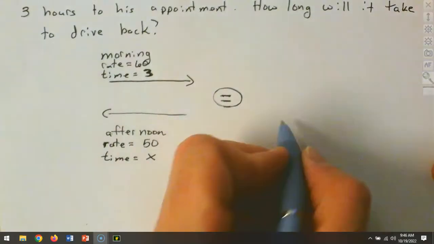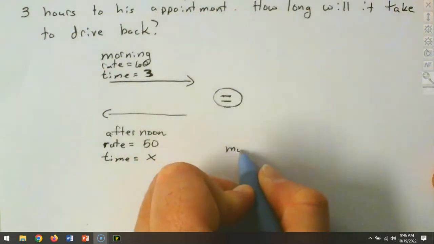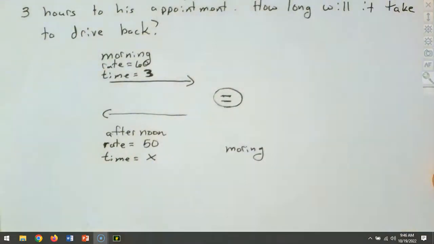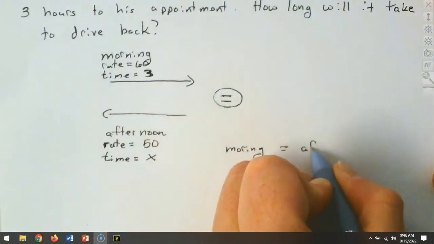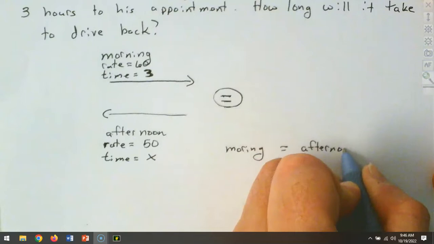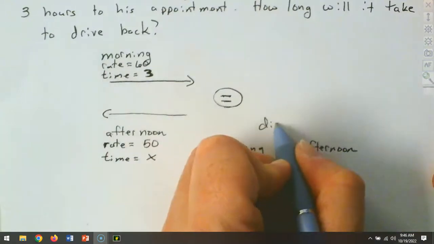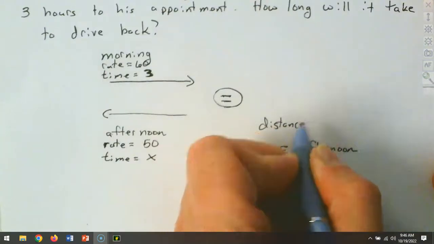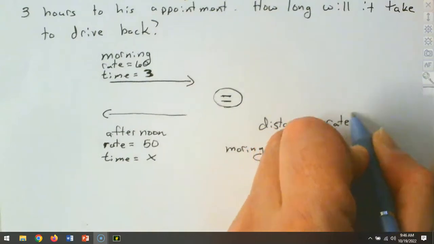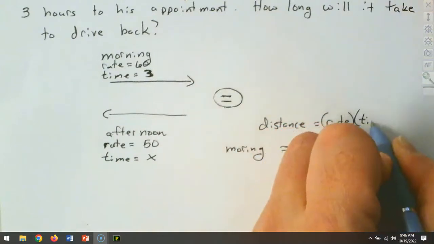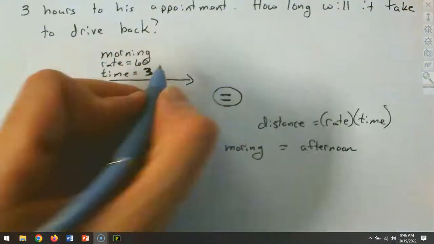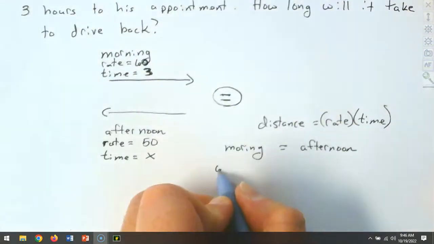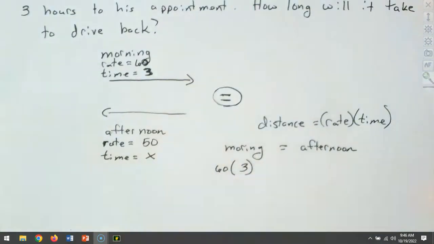So what does your equation now look like? Well, we're going to be working with the distances, and they're going to be the same. Because we're looking at the distance, and how do I find the distance again? Rate times the time. In the morning, we're traveling at a rate of 60, and it takes me 3 hours to get there.